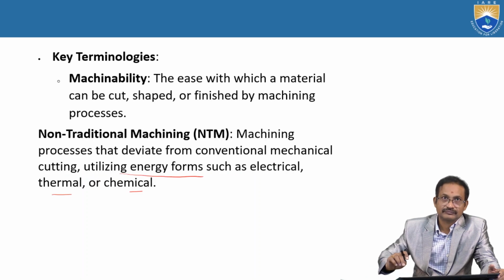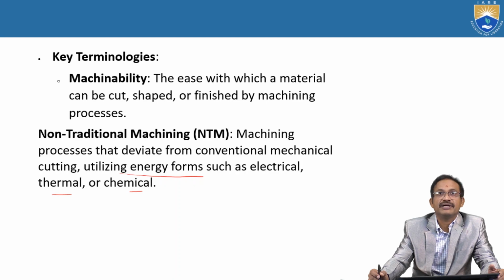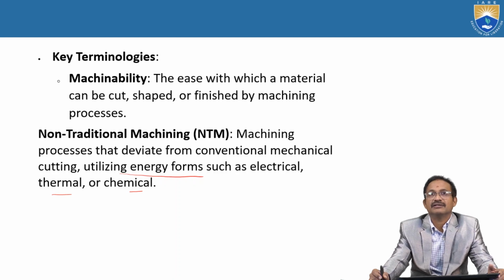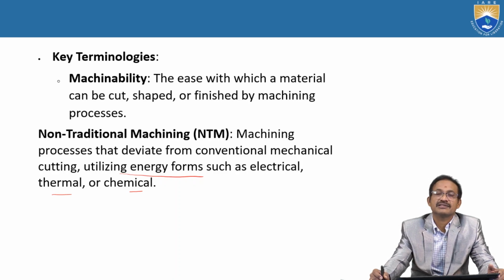Next, machinability and non-traditional machining. These two are the key terminologies of the present topic. Machinability is very important. All materials cannot be machined or finished to the required specification with the conventional machining process. Sometimes brittle materials cannot be machined easily.